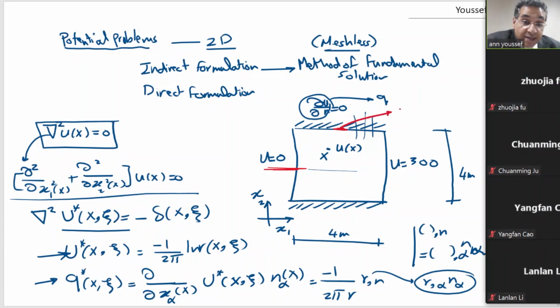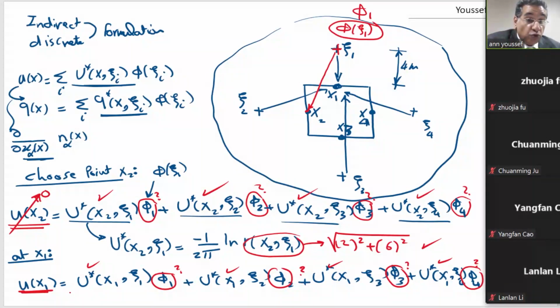So u at x1 at this side is still unknown. When you give Q, the flux at x1, it is equal to 0. So this equation is not good to be used, because this is still unknown. So we still have the same unknown values for the phi's and an extra unknown here.